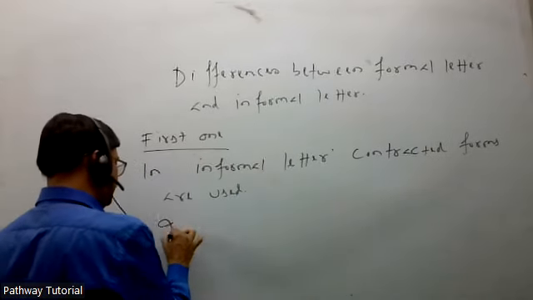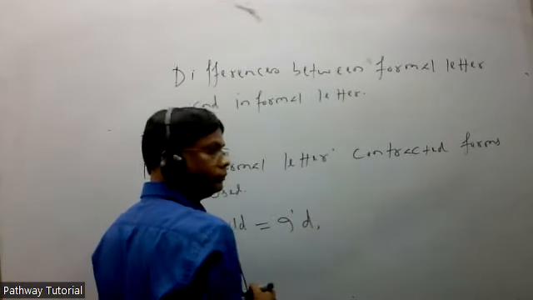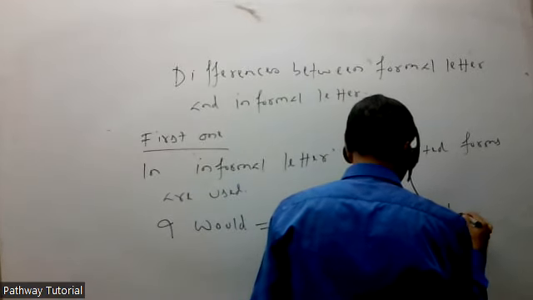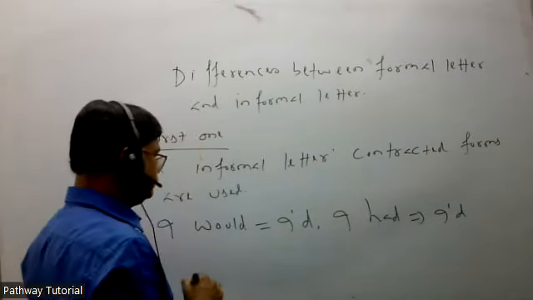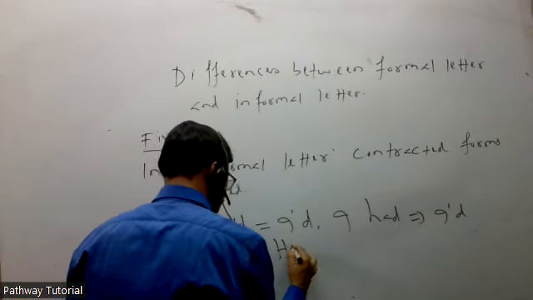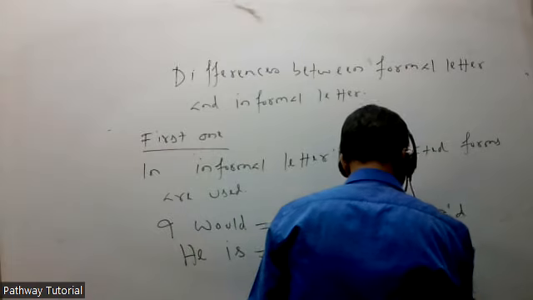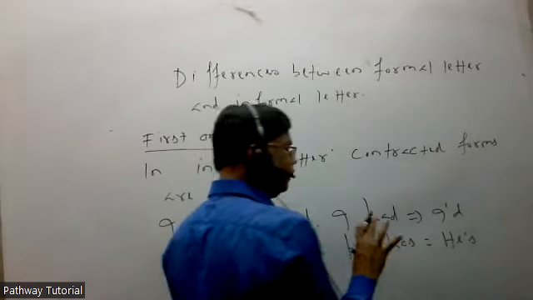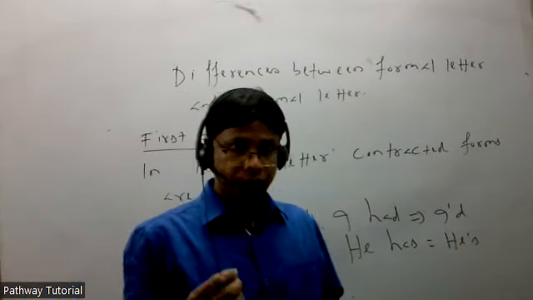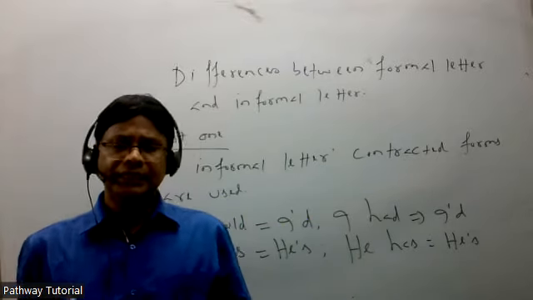If I would like to say I would, the contracted form is I'd. If I say I had, the contracted form is I'd as well. And if we talk about he is, this is he's. If we talk about he has, this is also he's. So we have to understand the difference by seeing the sentences. When we go through the sentence, we can come to know whether this is I would or I had, whether this is he is or he has.